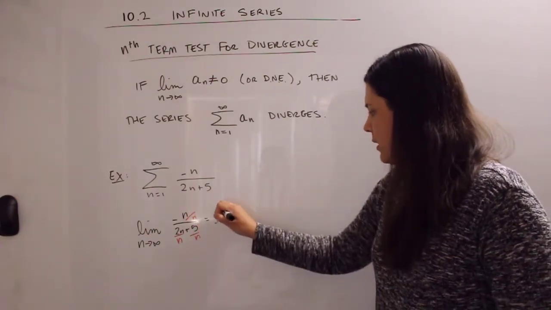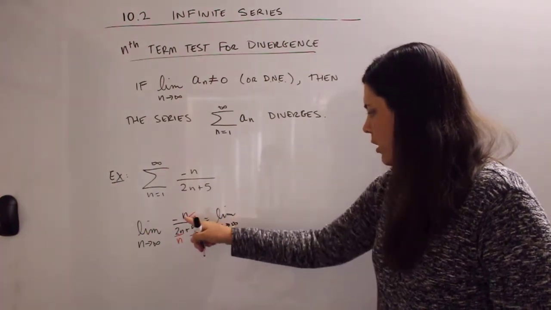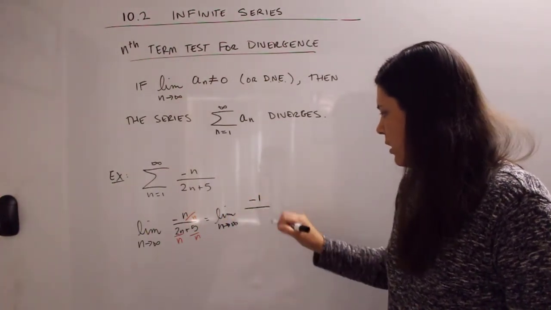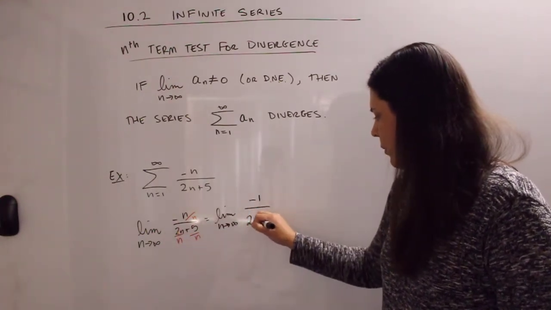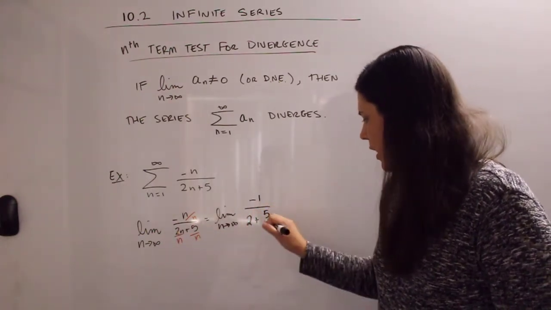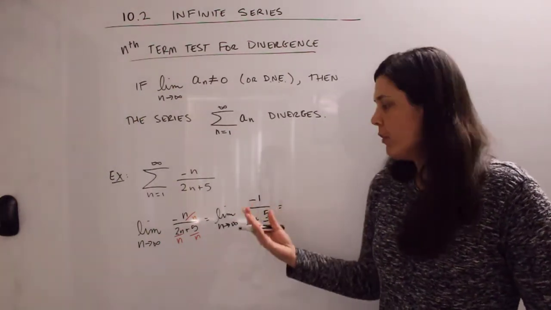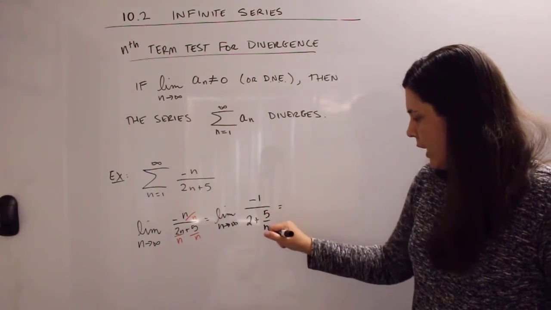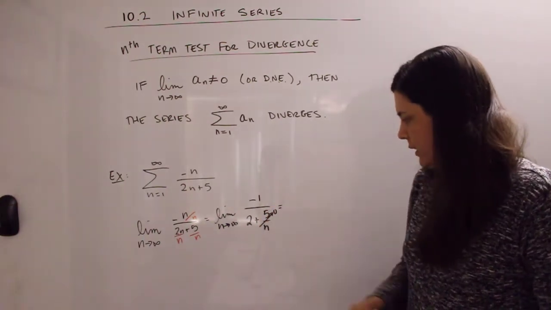So this is the limit as n goes to infinity. On top, that becomes -1. First term in the bottom becomes just 2, and then plus 5 over n. If we think of plugging in infinity, or something very, very large, this 5 over n is like 5 out of a trillion, a very, very tiny amount, that's like 0.